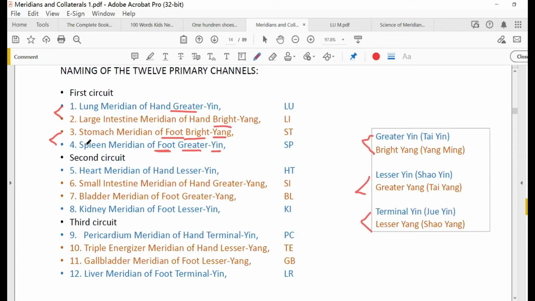When yin and yang are balanced, that means this person is healthy. So that's why there's one yin, one yang, one yang, one yin, to make the balance.